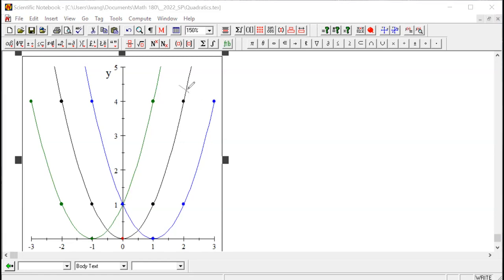And this is x squared. Whoops. Black color. Let me try the color coordination, right? So this is x squared. And the green, okay, that's x plus 1 squared. And the blue, that's the x minus 1 squared.